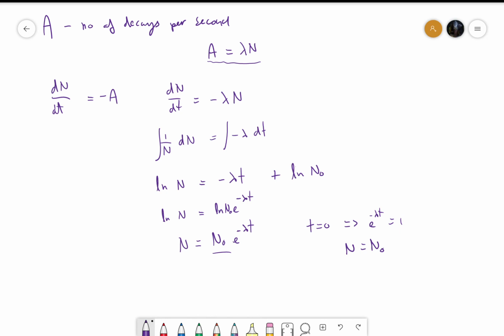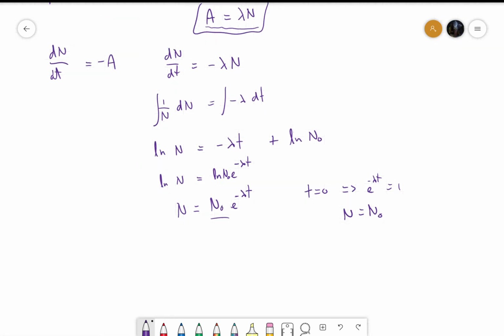Now if I look at this equation that I've got up here, A equals lambda N, that suggests that the original activity of my sample, A naught, would be equal to lambda N naught.